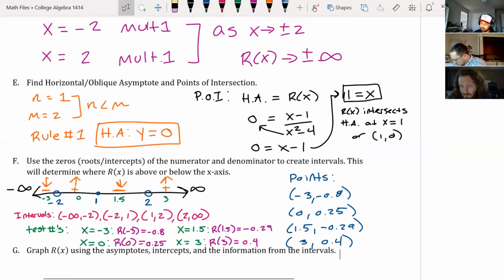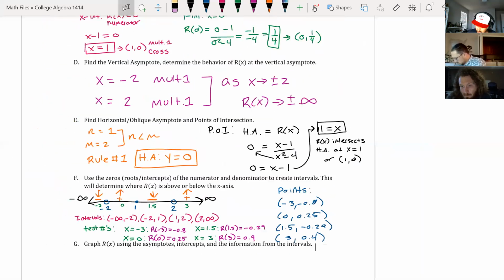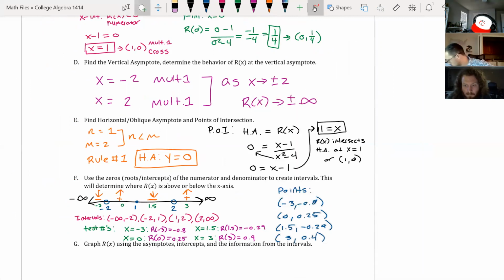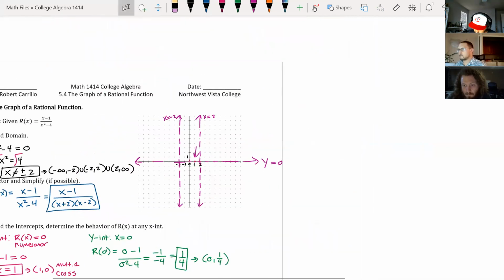So let's go ahead and do that. Let me copy and paste these points up here. Maybe I just copy and paste the sign chart too. Why not? I'll just move all of this up there. We'll say copy. There we go. All right, so now we're coming up here.